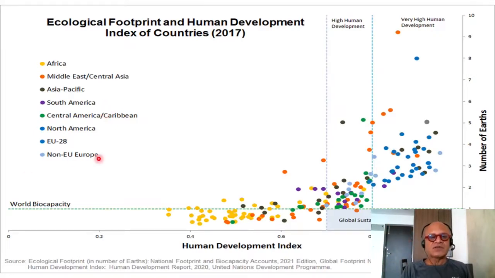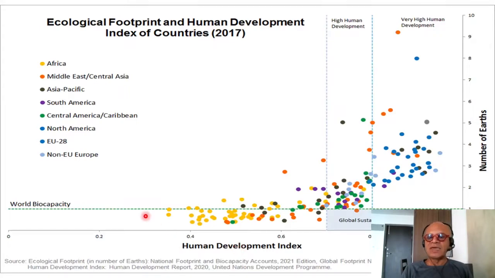Okay, so another way to look at this is to look at the world's biocapacity here, which is estimated in some way, like a carrying capacity. How much population can the world sustainably support? And then the number of Earths we need to achieve our goals of economic development. And there is the axis of human development, which is an index that includes children's health, education, women's health, education, per capita GDP, access to health, education, water, electricity, and there are many factors involved.